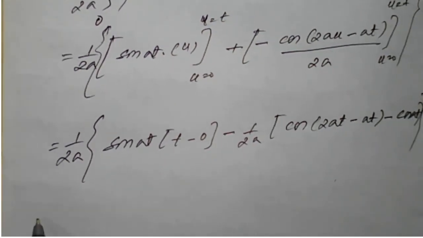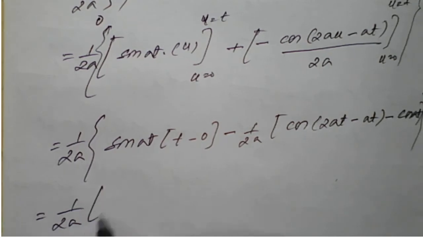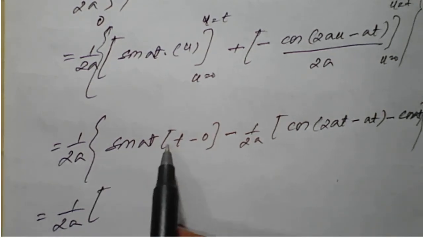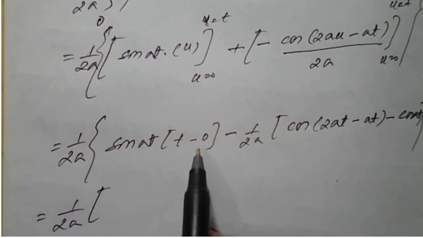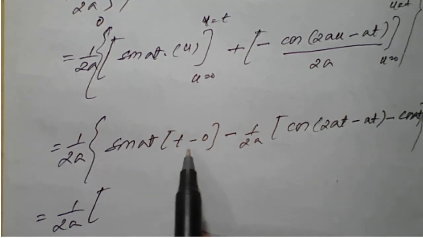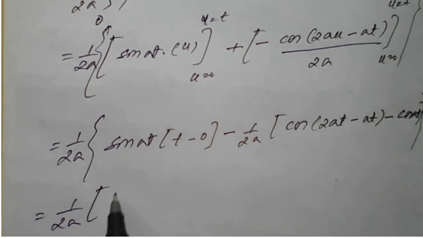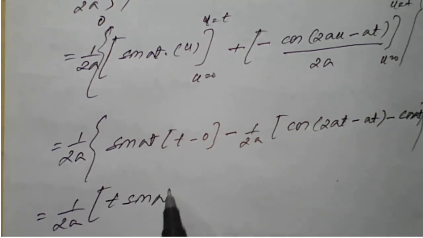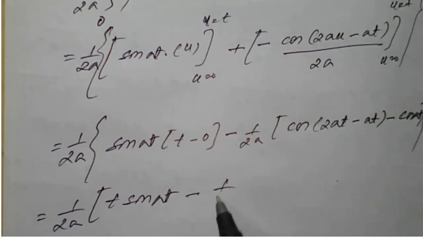Therefore 1 upon 2a, sine of at into t minus 0. So t minus 0 is t into sine of at, the first term, minus 1 by 2 times 1 by 2a.